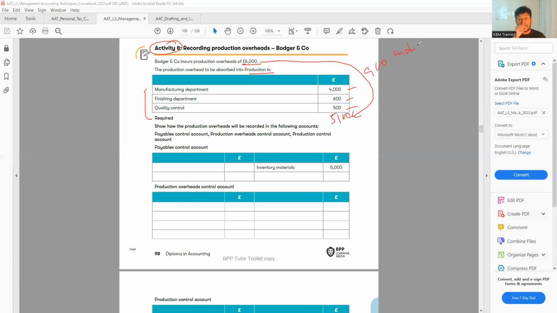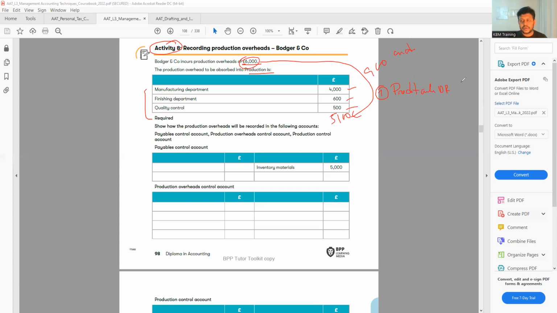So we need to show how we record it on the ledger account. First we need to do the journal. When you have a production overhead, first do the first journal. The production overhead is a debit, that is 6,000.